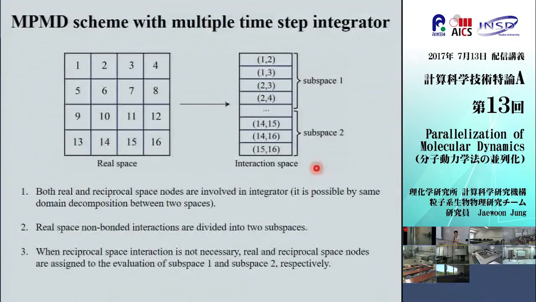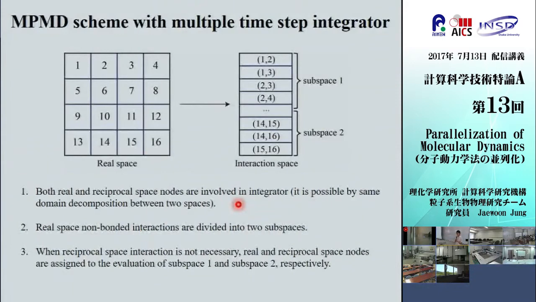If FFT is required, then real space processors calculate all of this, and reciprocal space processors just calculate the FFT. And if FFT is skipped, then the real space is subdivided into two interaction spaces. Real space processors do this one, and the processors assigned for FFT do the other part. Doing this, you can maximize the overall performance.